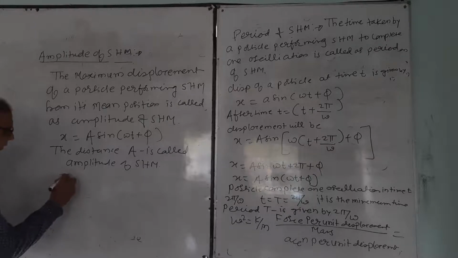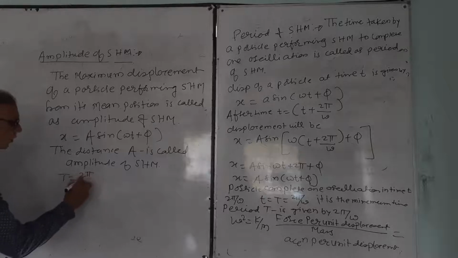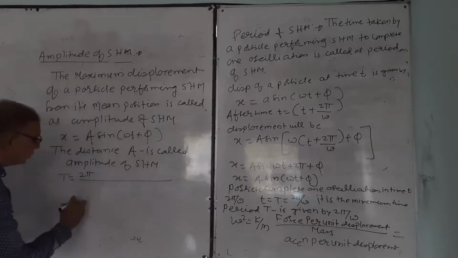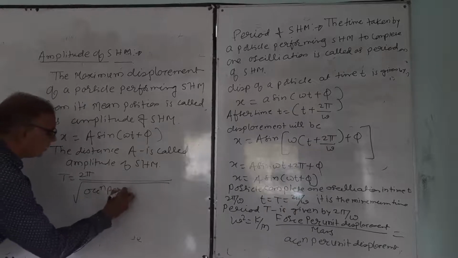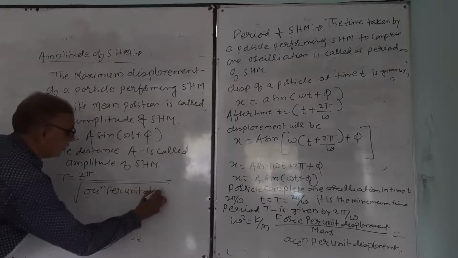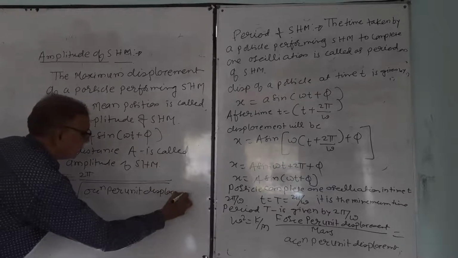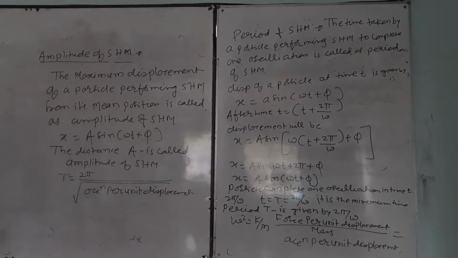This can be written as T is equal to twice pi upon square root of acceleration per unit displacement.